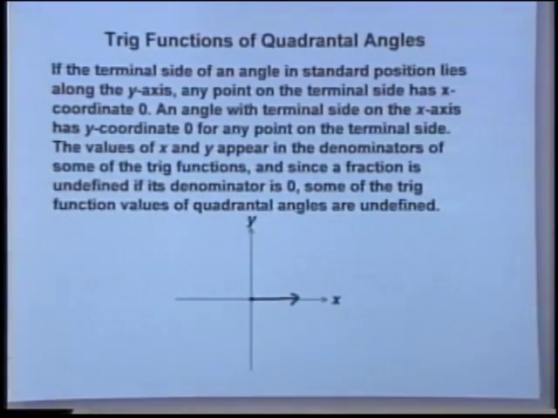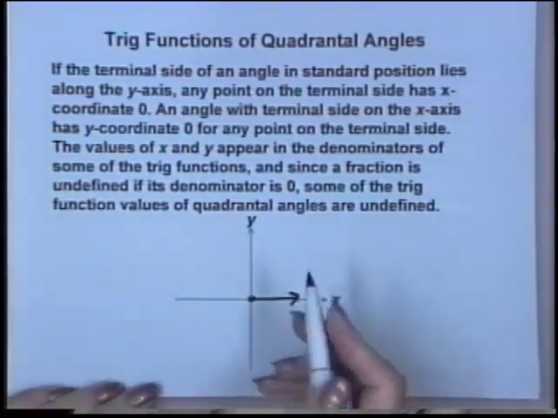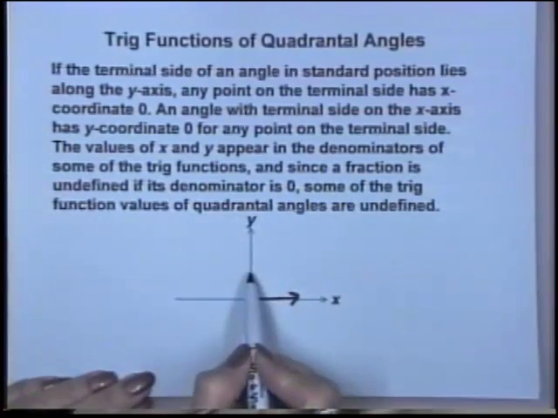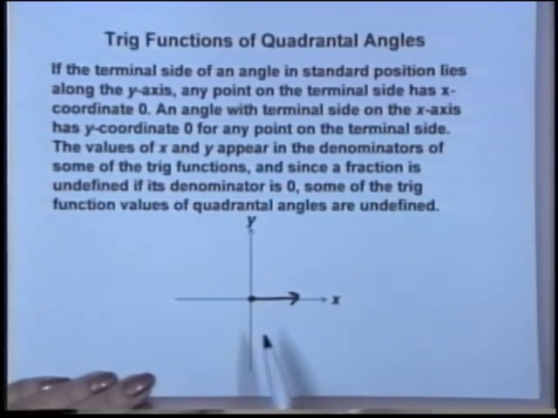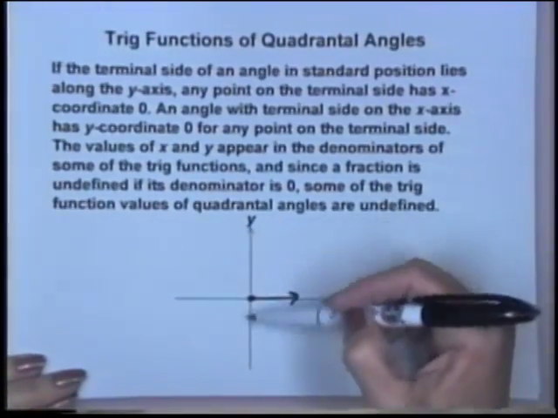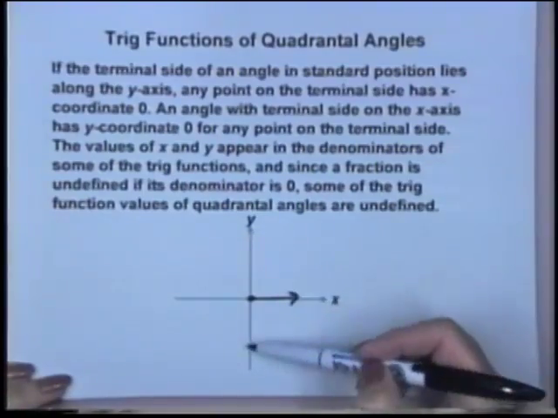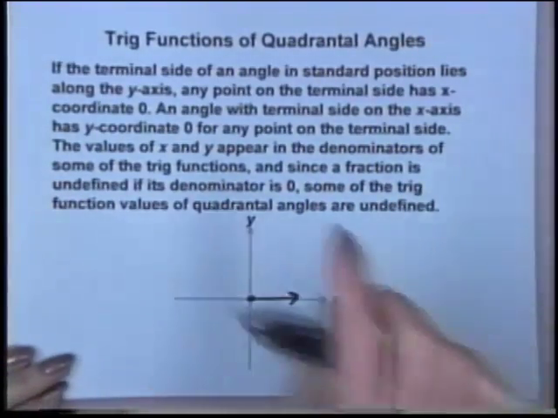What we would be referring to in this case, standard position, initial side on the positive x-axis, and if the terminal side was on the y-axis, that could be 90 degrees, that could be 270 degrees. It could be some other angles also, but today we're just going to talk about 90 and 270. So the x-coordinates for all these points is 0.